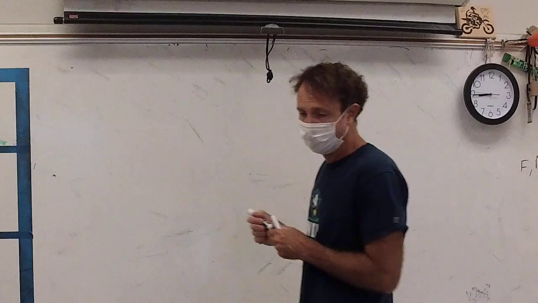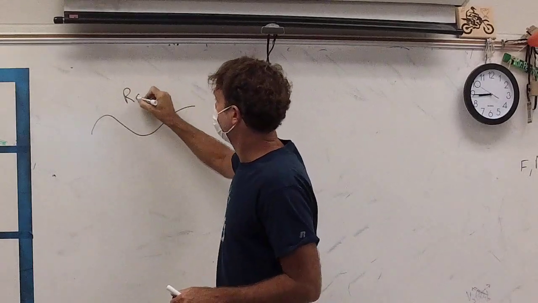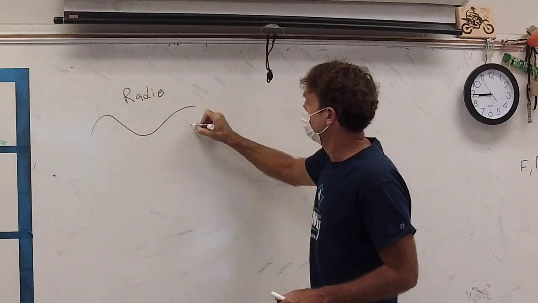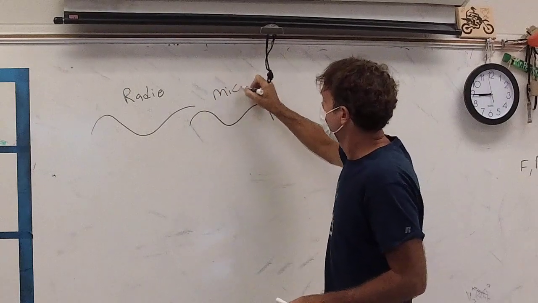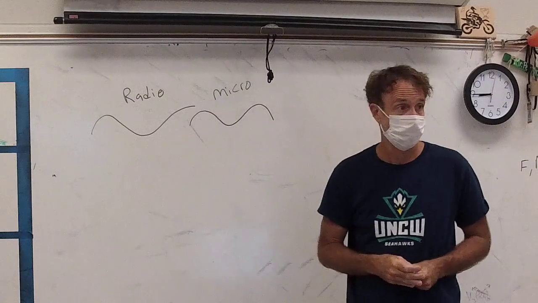The longest waves in the electromagnetic spectrum are radio waves, okay? And then ones that are a little bit shorter than that are called microwaves. Microwaves are what your cell phone runs off of, all right?